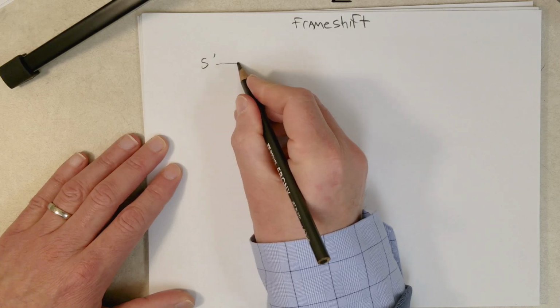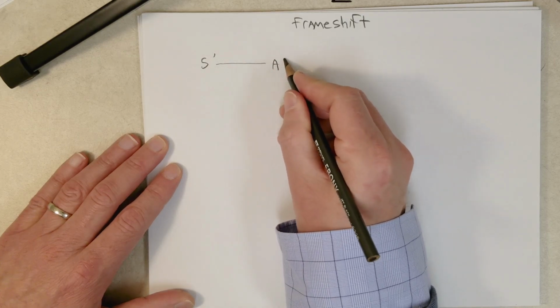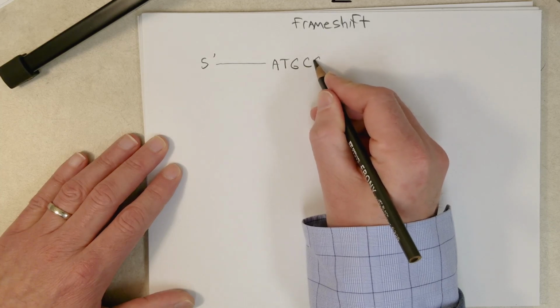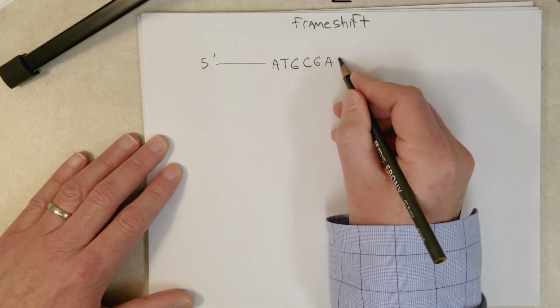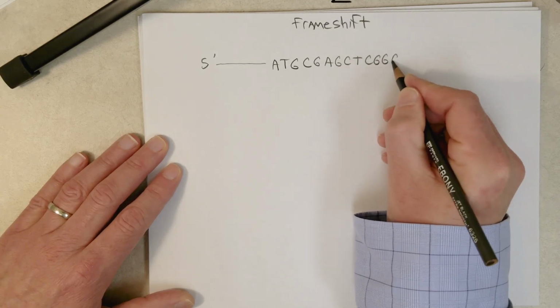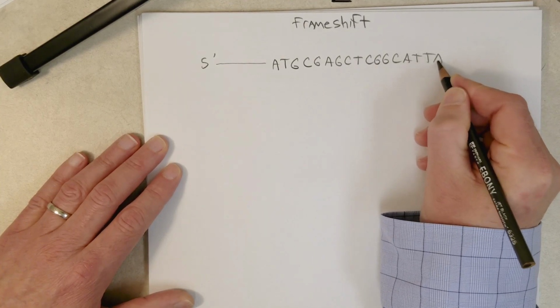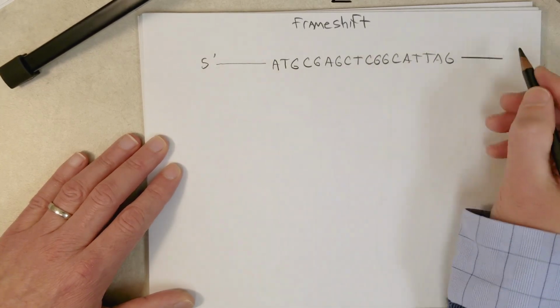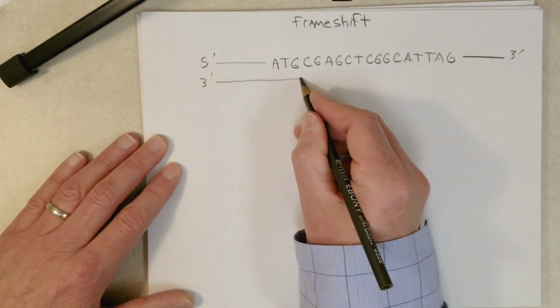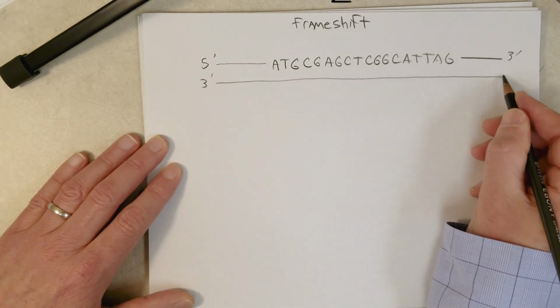So if this is the sequence of a gene, let me put some codons in here. We're looking at the DNA, not the RNA sequence, and I'm not going to put the bases in for the complementary strand here.